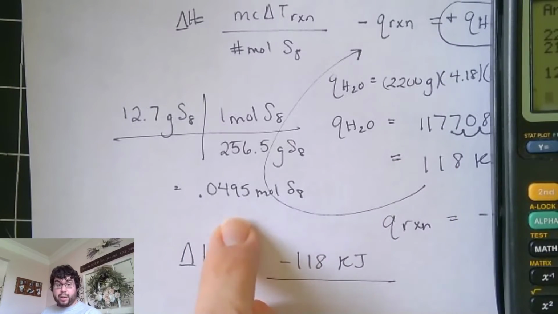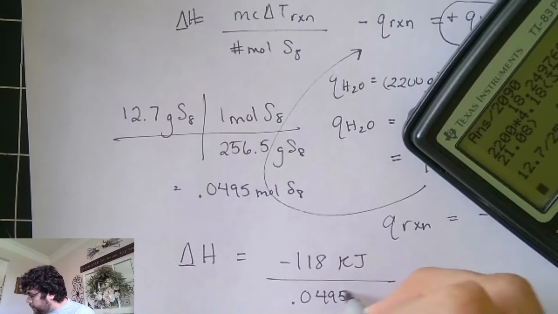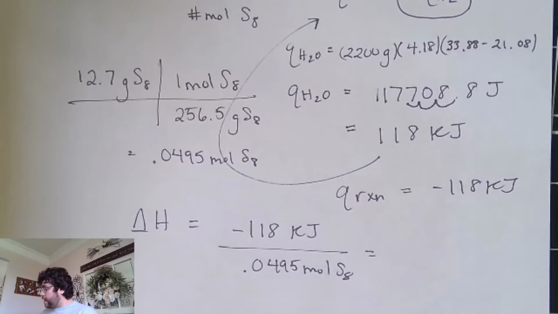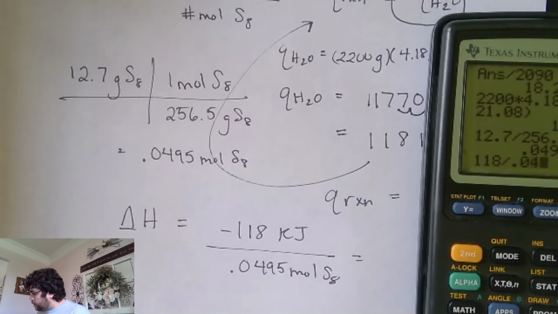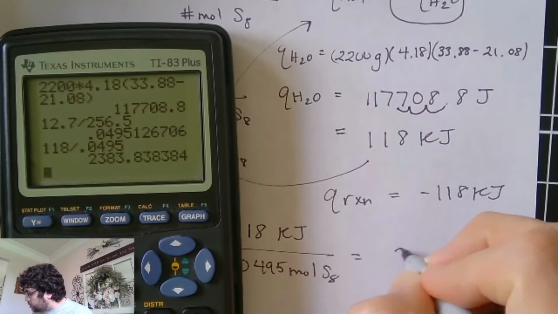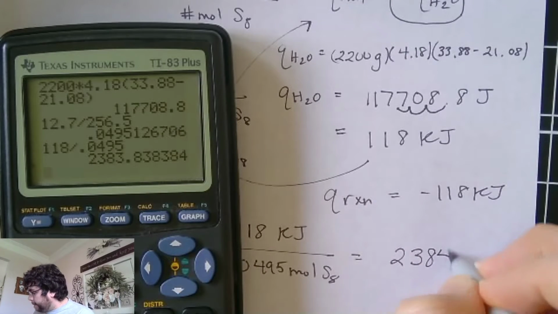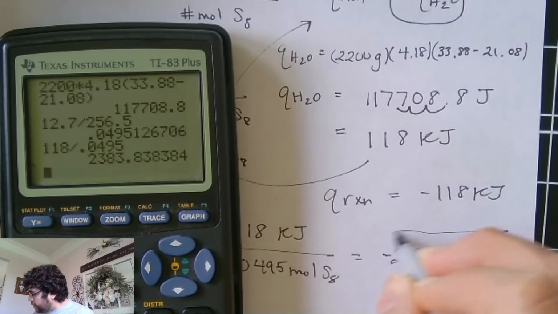I'm going to take that number and put it down here: 0.0495 moles S8. And then we do the math. So 118 divided by 0.0495, and we get 2384 kilojoules per mole.